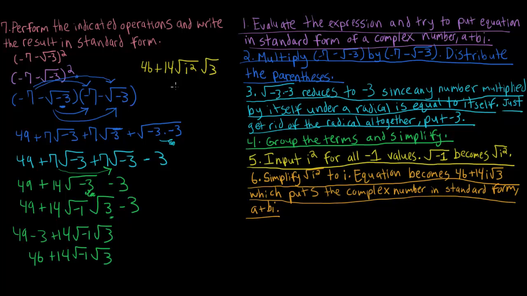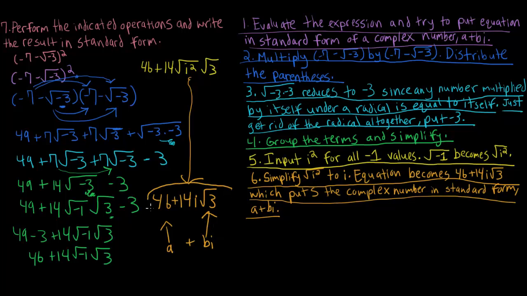So this right here, the i squared will simplify to an i, so you end up with 46 plus 14i root 3. And then your equation is in the a plus bi form, which is the standard form of a complex number. And again, that's your answer, 46 plus 14i square root 3.